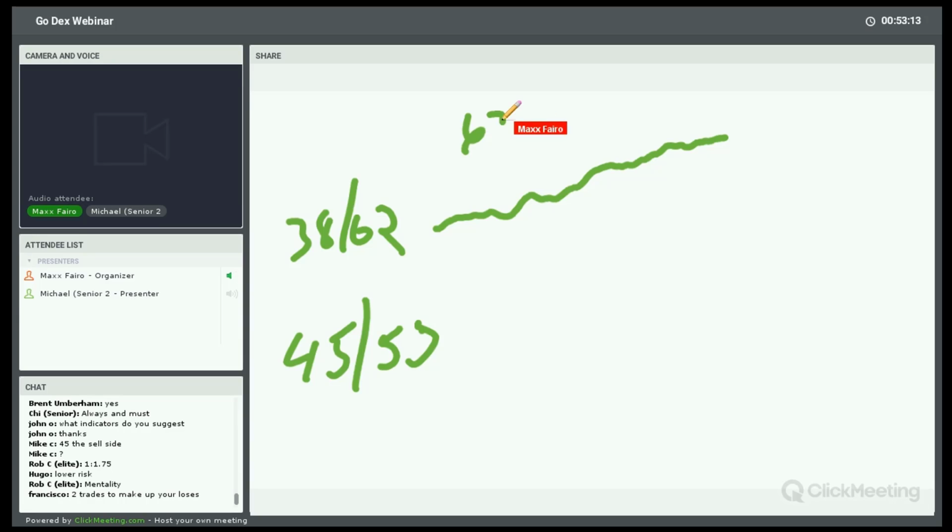You got to be 63% and higher, okay, to get good numbers, right? Here, okay, because you're at 55, you only need 56% success rate. Right? So you only need 56% success rate.